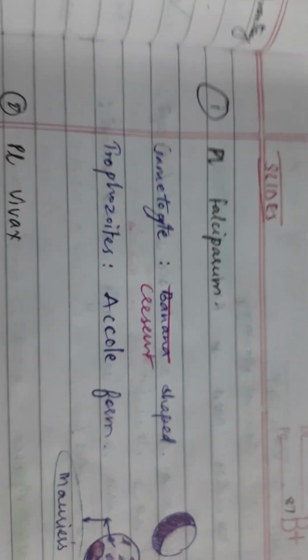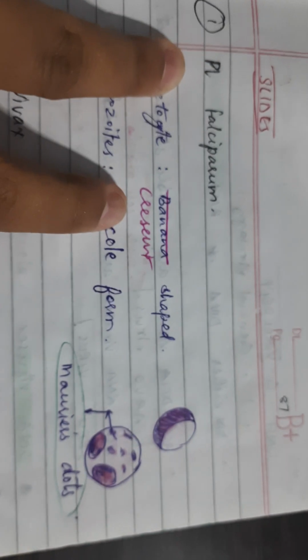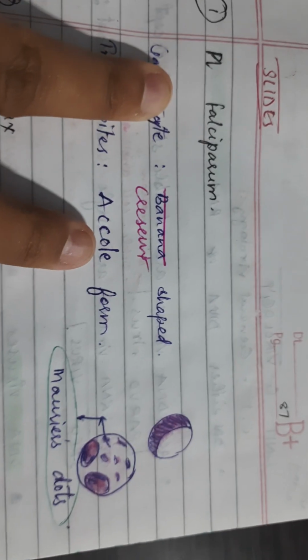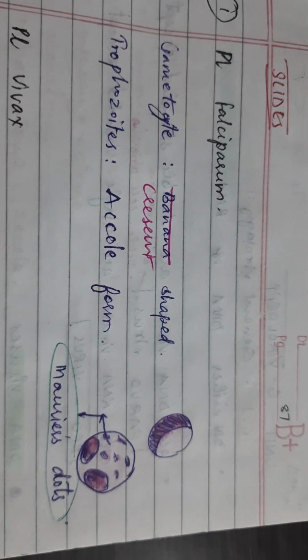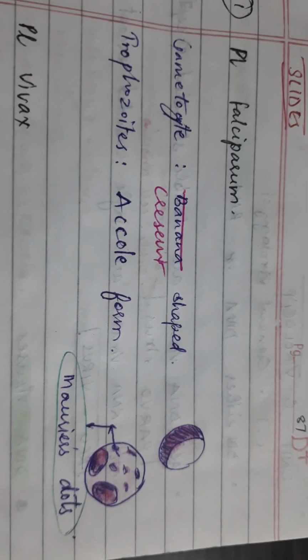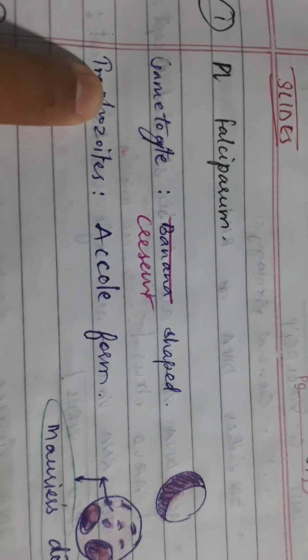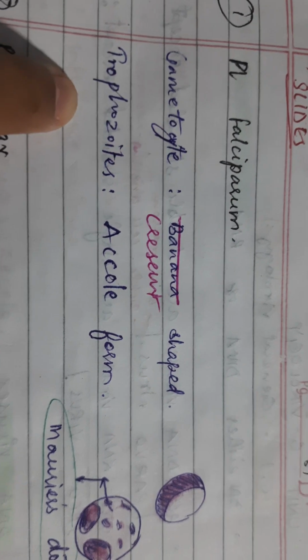Okay, then slides. This is the most important thing in this. In Plasmodium falciparum, on the slide we see gametocyte and trophozoite.